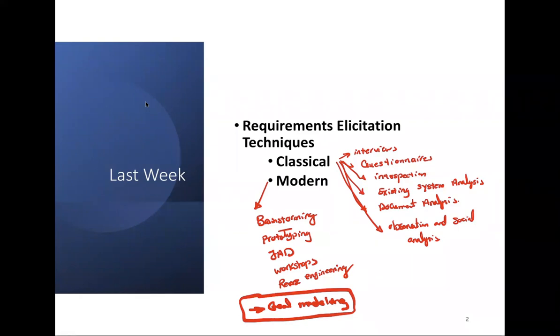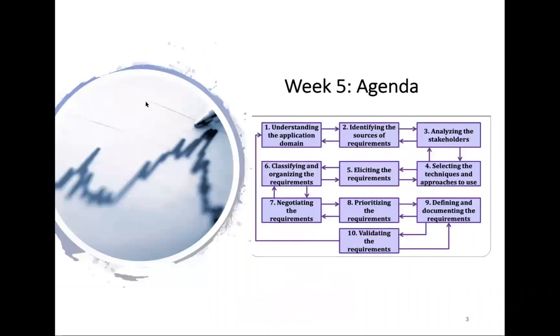So to start today's class, I would like to continue on what has been discussed last week. Last week, we talked about understanding the application domain as the first step in requirement elicitation, followed by identifying the source of requirements.